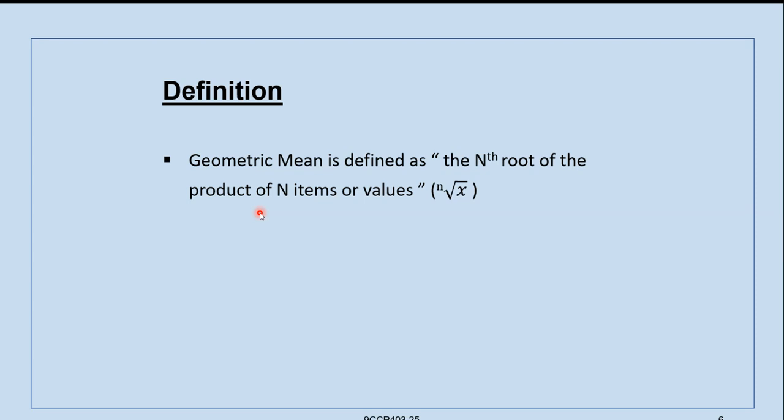When we are finding the geometric mean, the first step is to calculate the product. That means multiply the given numbers 3 and 9. 3 times 9 is 27. Now take the square root.